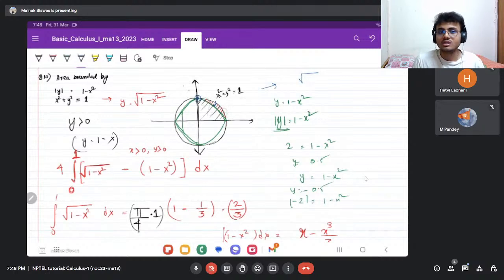We know it's not like this, but it can still be positive. So you can do something like this. So 1 minus y square, right? 1 minus whatever you have. Take root of 1 minus x square minus 1 minus x as some f of x. And at x equal to 0, this is equal to 0, right?